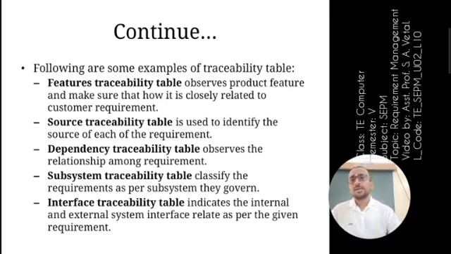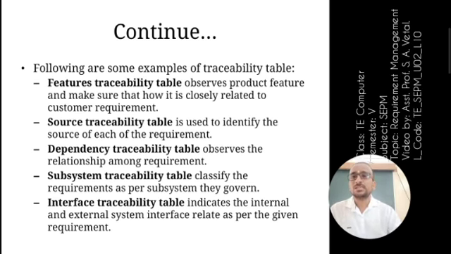Following are the examples of traceability tables. We already have discussed the requirement traceability matrix, which is used in software testing. Just like that matrix, we also have different types of traceability tables.